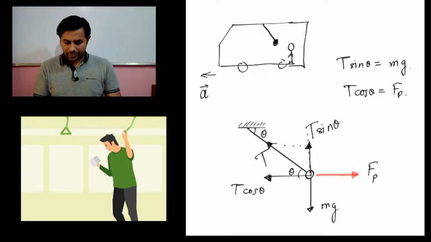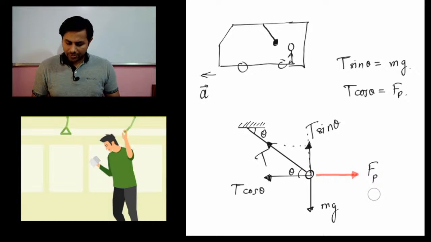Yeah, it's okay. So is this clear? If there is a force acting on this bob of the pendulum, this ball, in this direction towards the right, then we can explain the motion of this pendulum.